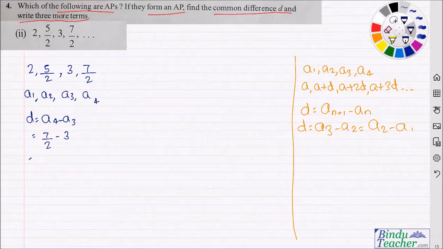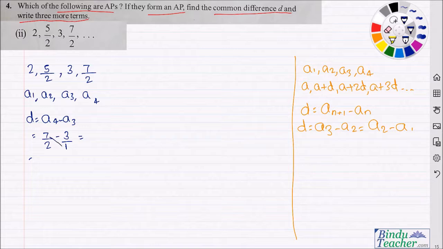Now we'll solve this. I will write a denominator here, 3 by 1, and then cross multiply the numerator into the other denominator.